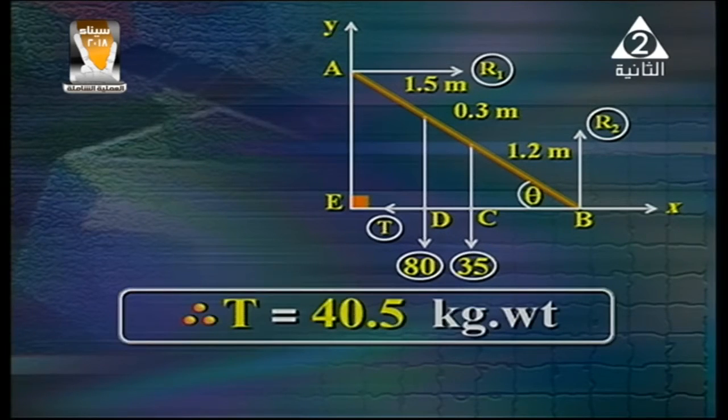Then also the tension is 40.5 kilogram weight. In this lesson, we know that in equilibrium, we have two conditions. The first condition, the sum of components on horizontal equals 0, or the algebraic sum of components in x equals 0.